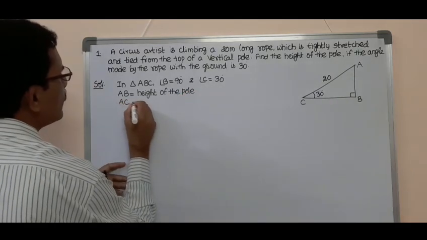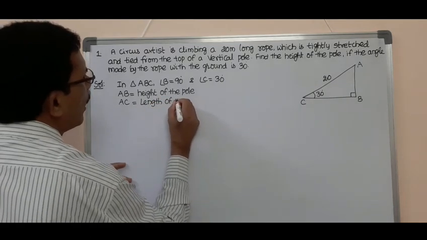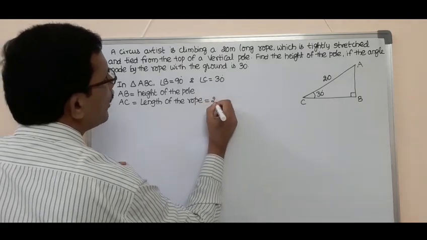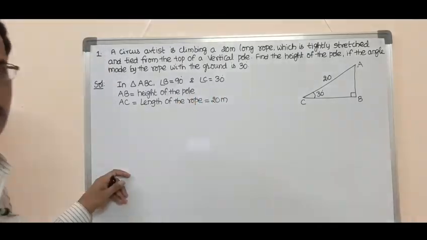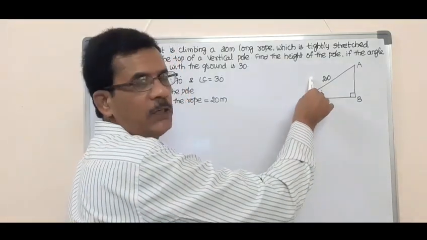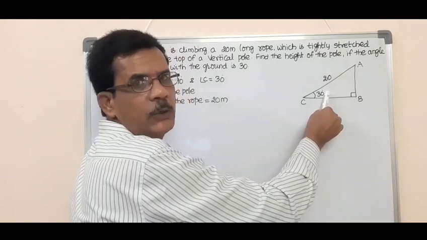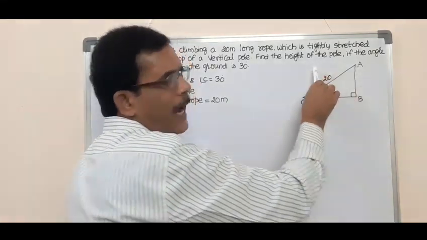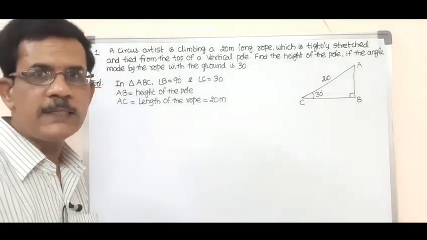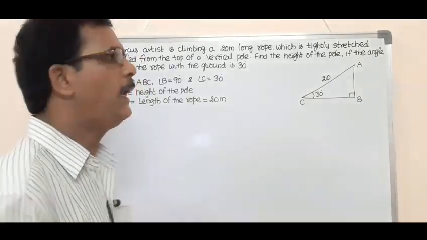AC is equal to length of the rope. That is given 20 meters. See children, this is theta. To this theta, hypotenuse is given. Now we have to find AB. AB is opposite side to this theta. So opposite by hypotenuse we can use. Opposite by hypotenuse means it is sin theta. So using sin theta definition we can find AB length.